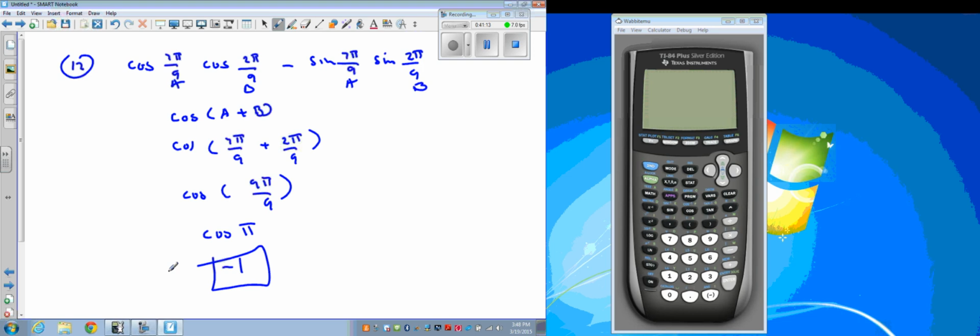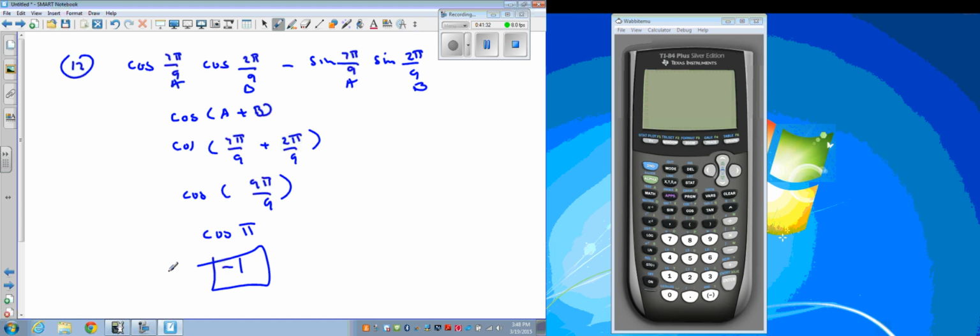All right, these ones make sense. Now the next ones we're going to do are 15 through 26. It says write each function value in terms of the cofunction. What is that telling you you're going to be using?